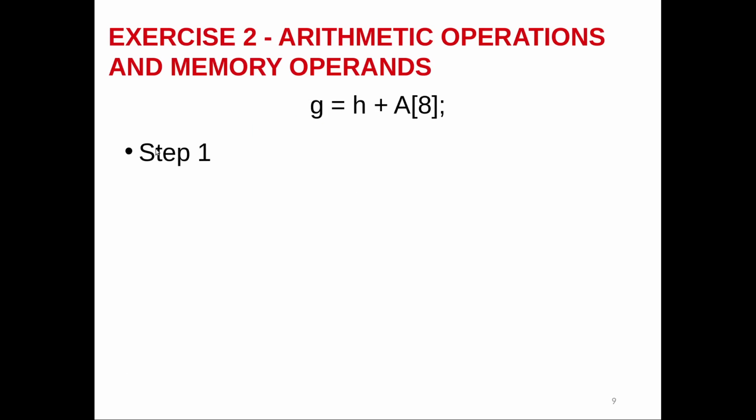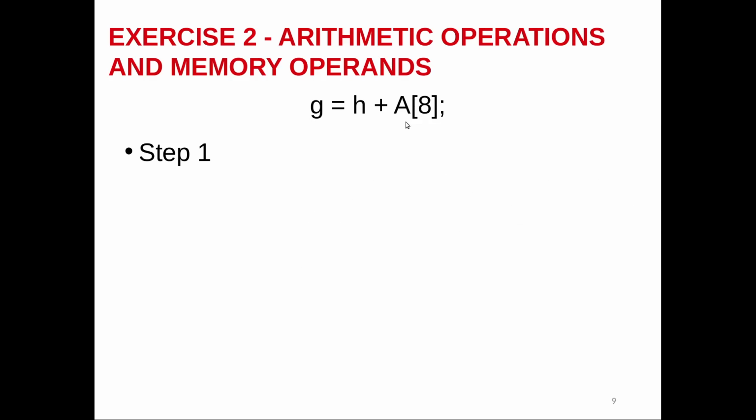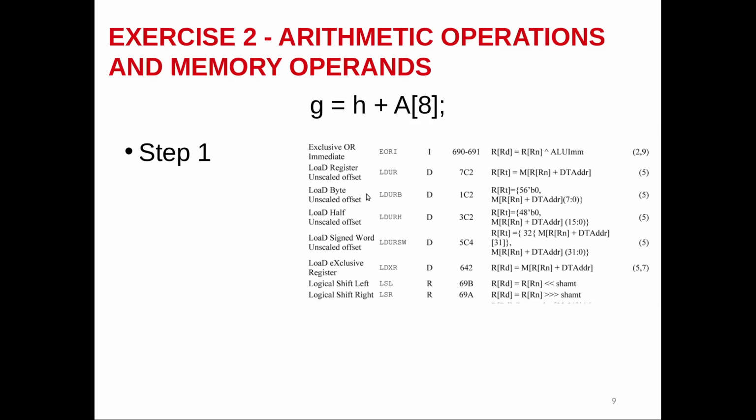Now we will look at step 1. We will look into our arithmetic instructions. We can see that we have no add with memory, and so we can't directly apply G equal H plus A8 in this. So how can we solve this problem? We will look in another place of our reference.